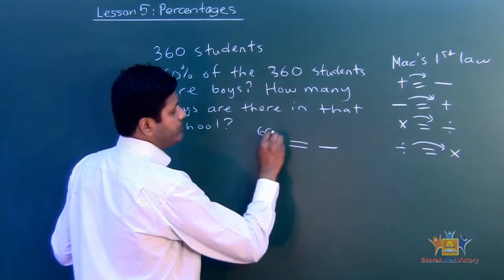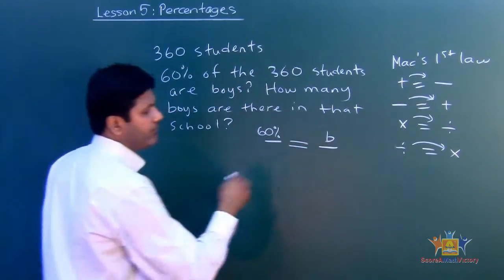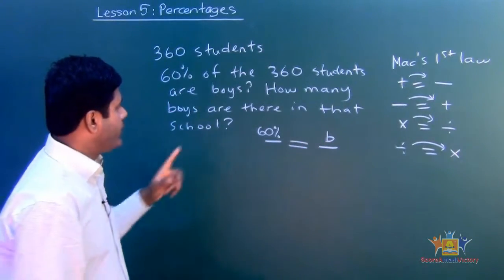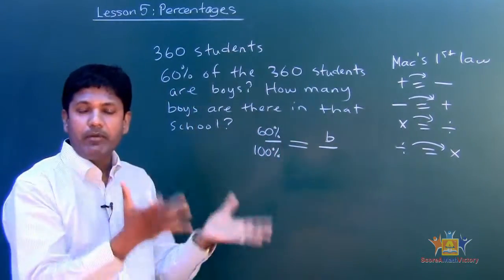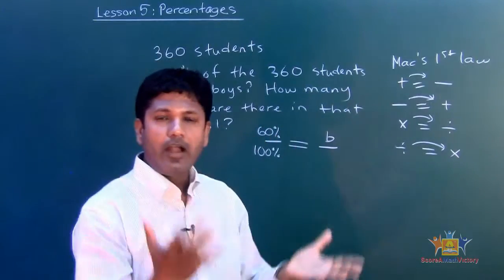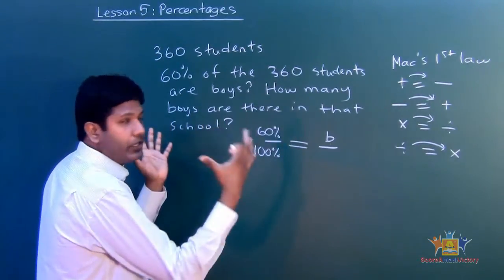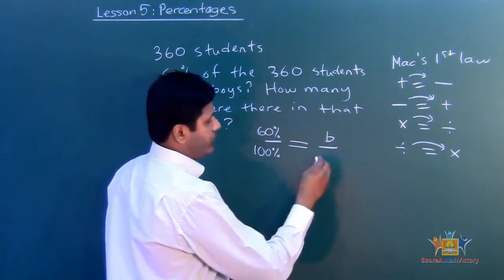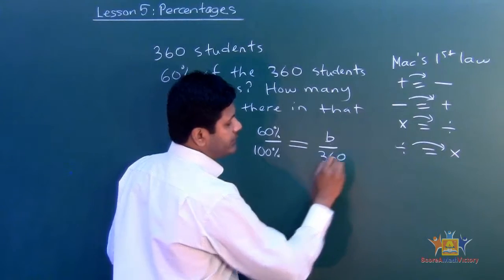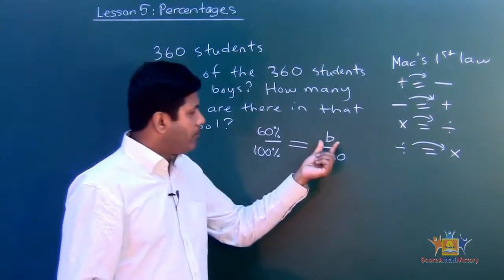We want to find out how many students are boys, so we put a variable B. And 100% is the total number of students, boys and girls, which is 360. And we're looking for B.